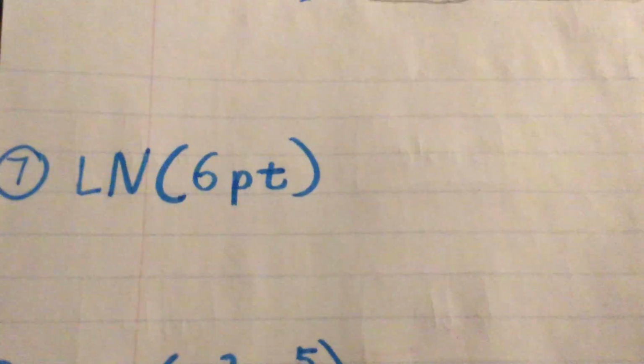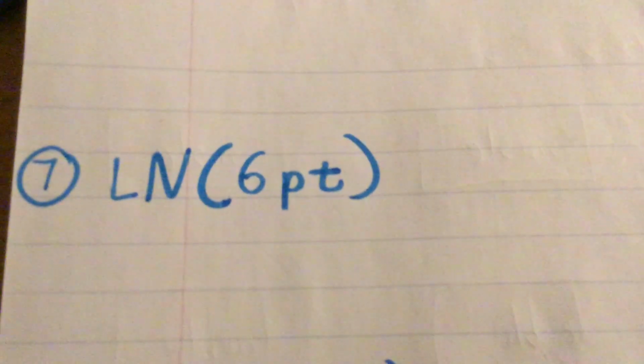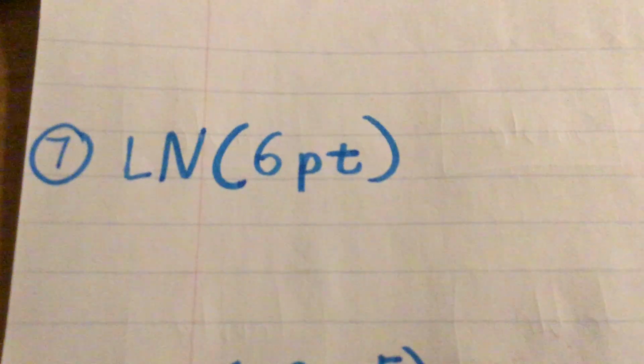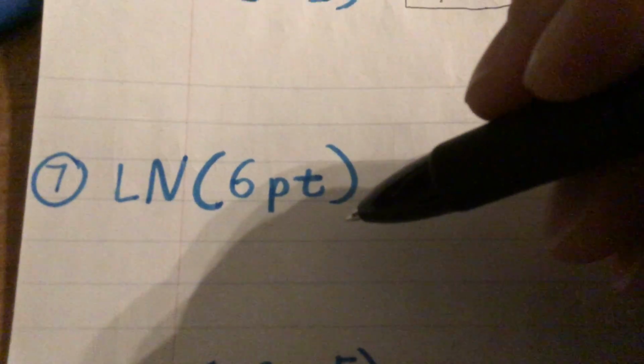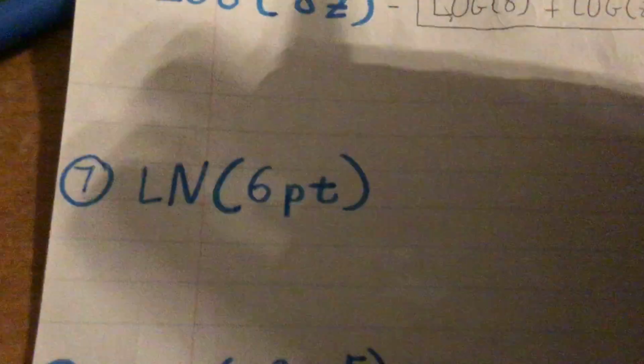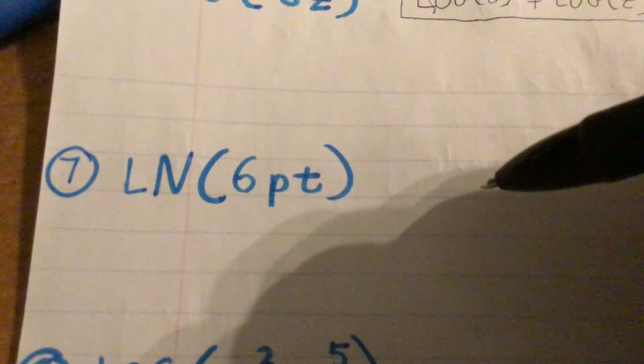Okay, now I don't want you to be afraid of this. What does ln of 6pt mean? Well, remember that 6pt is technically a multiplication problem. So even though the rule only applies to 2 at a time, let's use common sense. If there's multiplication inside, we can expand them with addition, no matter what.